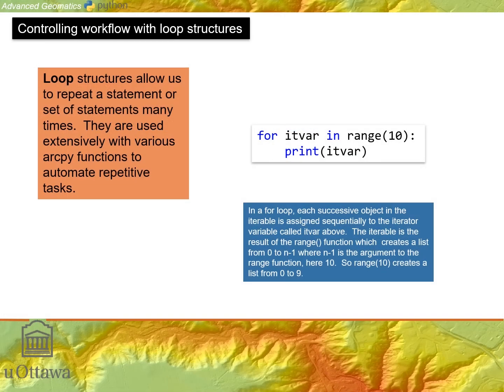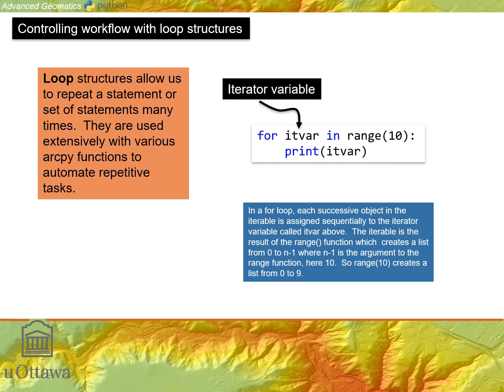Loop structures are used a lot in Python. So looping simply means going over items in an iterable. Iterable things are lists, for example, most of the time. So here, for example, I say for itvar, that's the iterator variable, in range 10, print itvar.